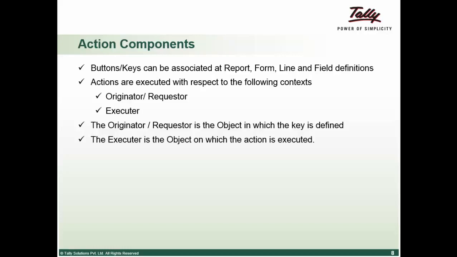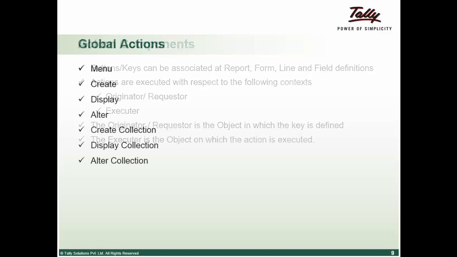If the activated key is found at the line level, it searches further if any of the lower ones have this same key. The lowest, that is the field level, will get the highest precedence, the key associated, and that will get executed. In that case, the originator will be the field. And whatever action is specified, depending on which object level or action it is, that becomes the executor.